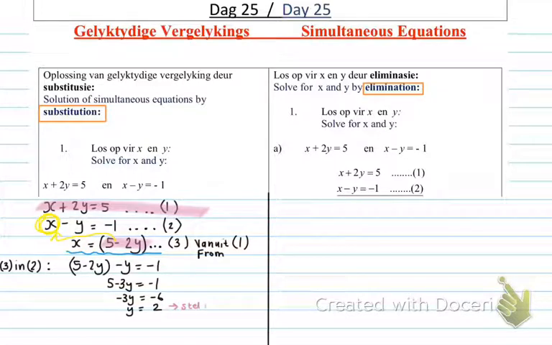So I substitute y equal to 2 into equation number 3. Equation number 3 said x is equal to 5 minus 2y. But what is y now? 2. I put that 2 in the place of y. So it's 5 minus 4, which is 1. Now I have my answers: y is equal to 2 and x is equal to 1.